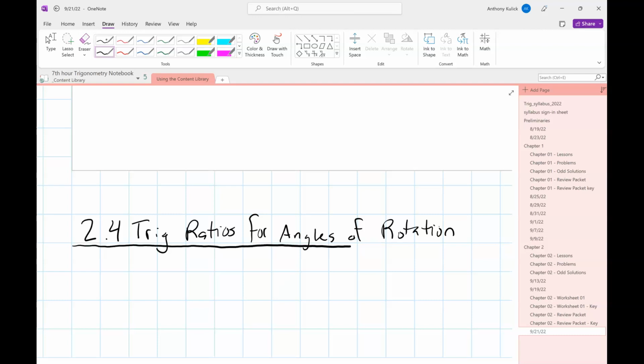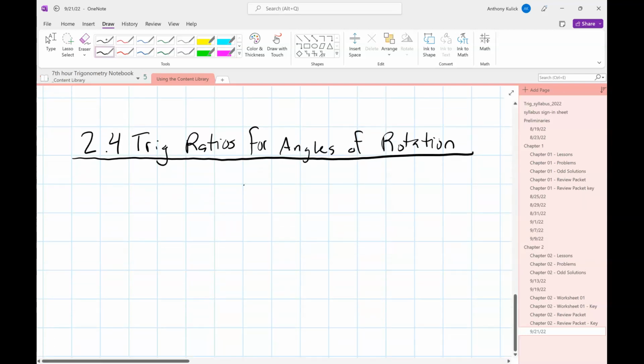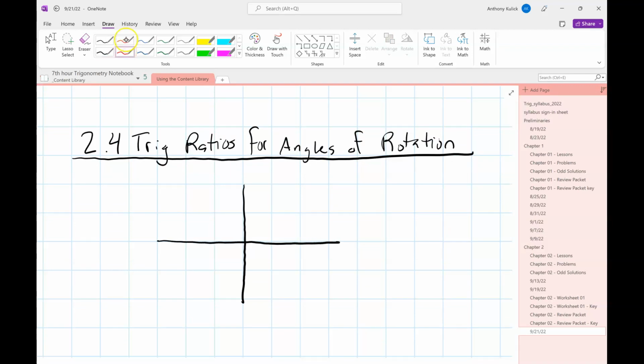So remember what we did last time in section 2.3. We came up with this standard position definition for an angle, where I put the vertex of my angle at the origin.